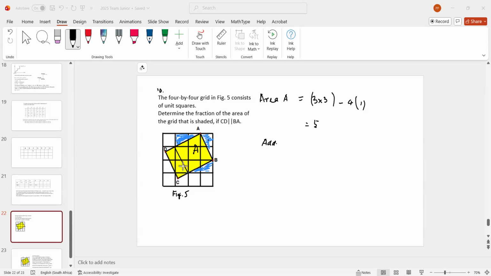Or this area of this triangle, I'm sorry. I've already got the area of the square as 5. So I need to work out the area of the rectangle. What is the area of this rectangle?